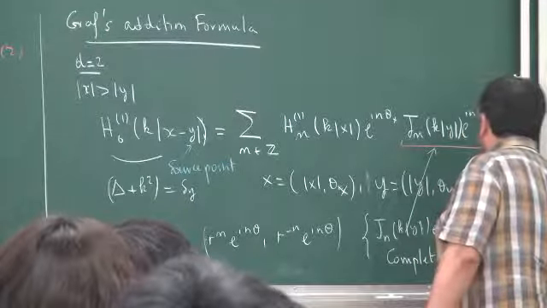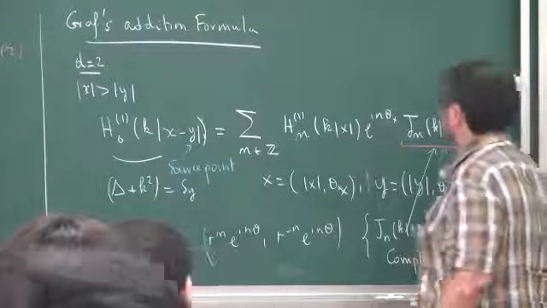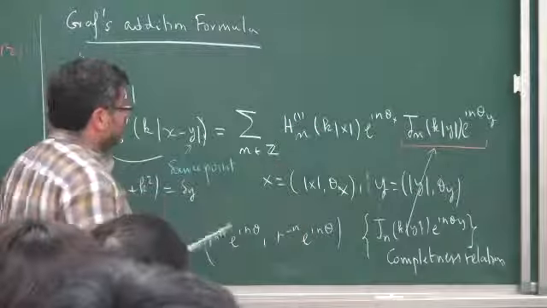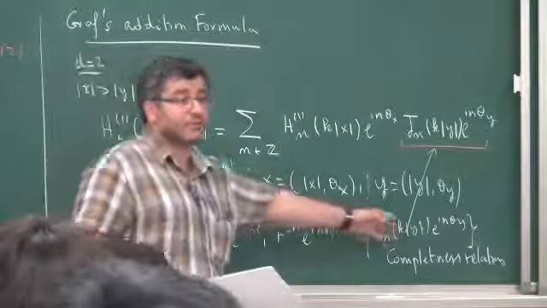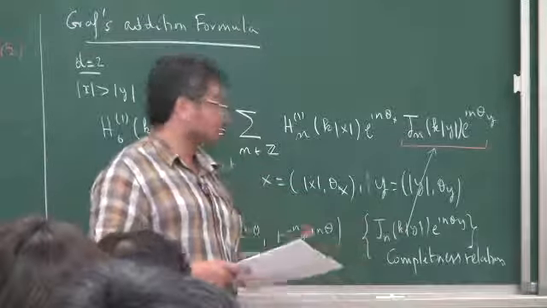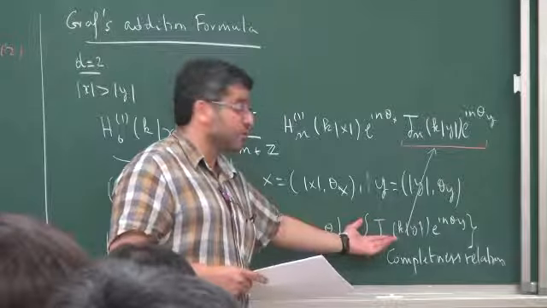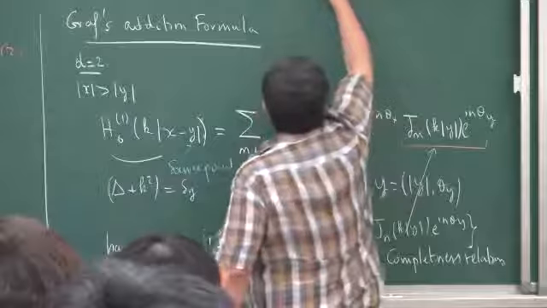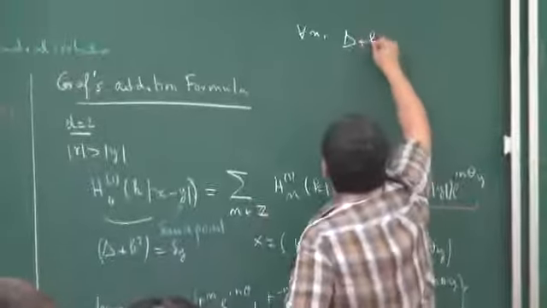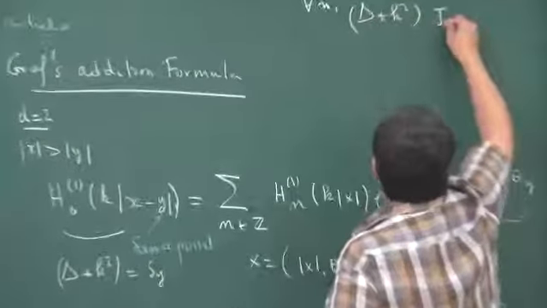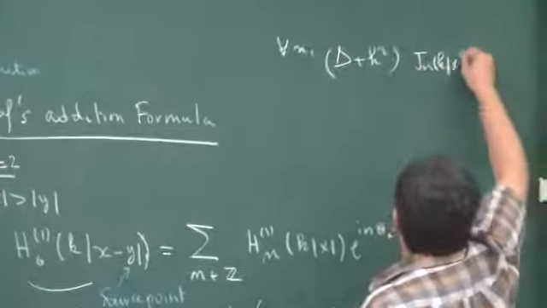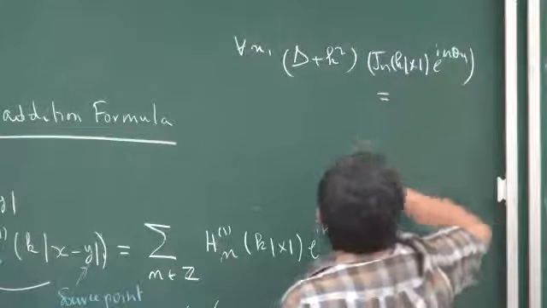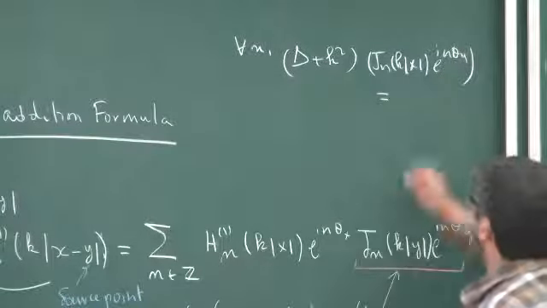So you can represent the Dirac mass in terms of these, and these are solutions to the Helmholtz equation for any n: Laplacian plus k square applied to Jn of kr exponential i n theta is 0.